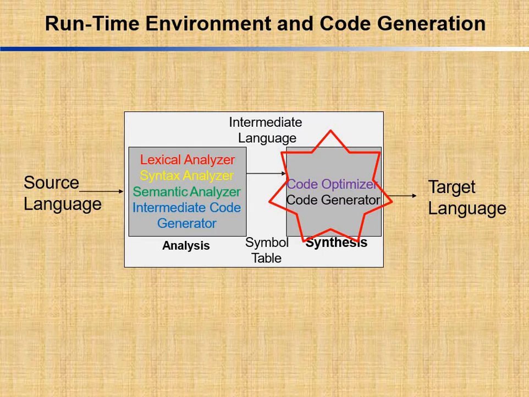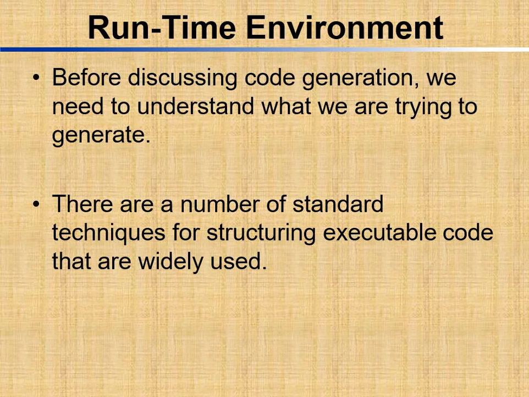Initially we are giving the source program and at last we are getting the target program, the target language. For the code generator, the intermediate language works as input and we get the target code. So here we will see runtime environment.